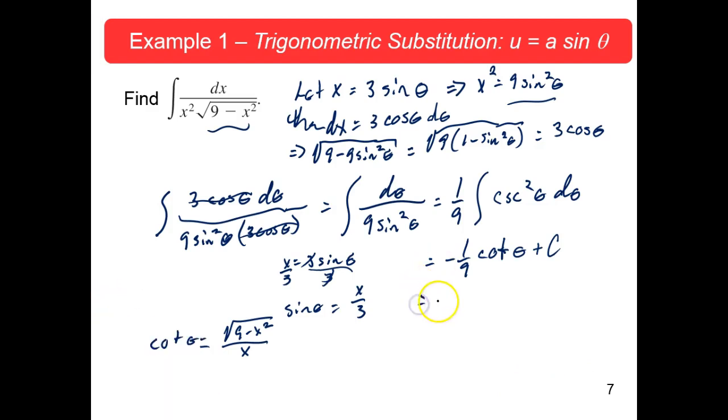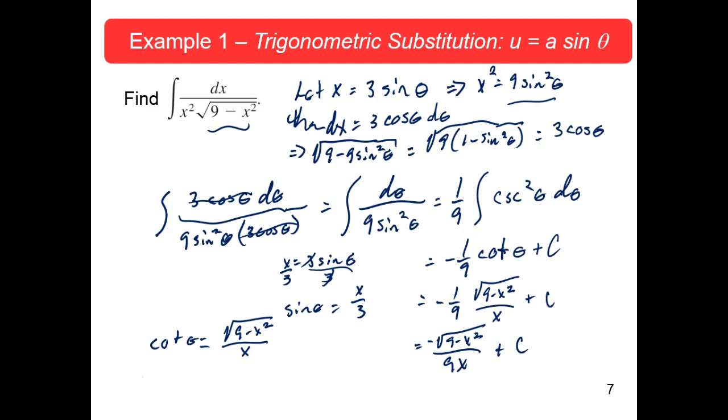We have minus 1/9 times the square root of 9 minus x squared over x plus c. So we could write that as minus the square root of 9 minus x squared over 9x plus c. That's no better or no worse than the other, but it's a little more concise.